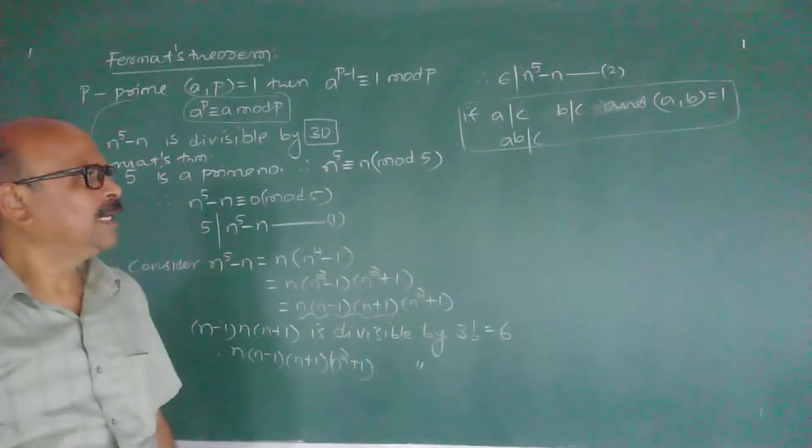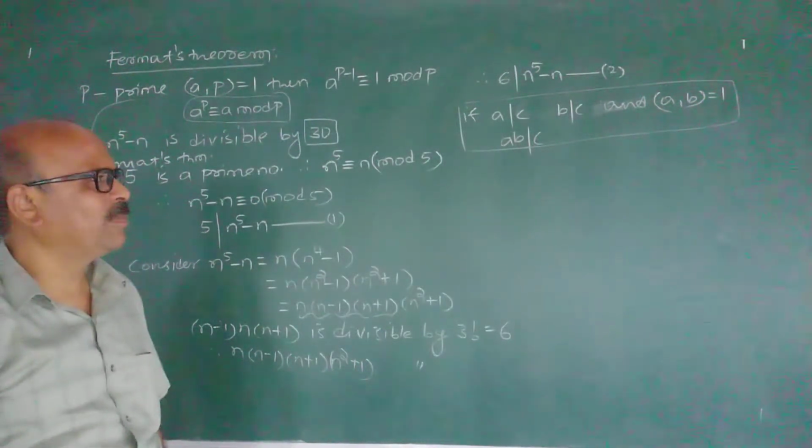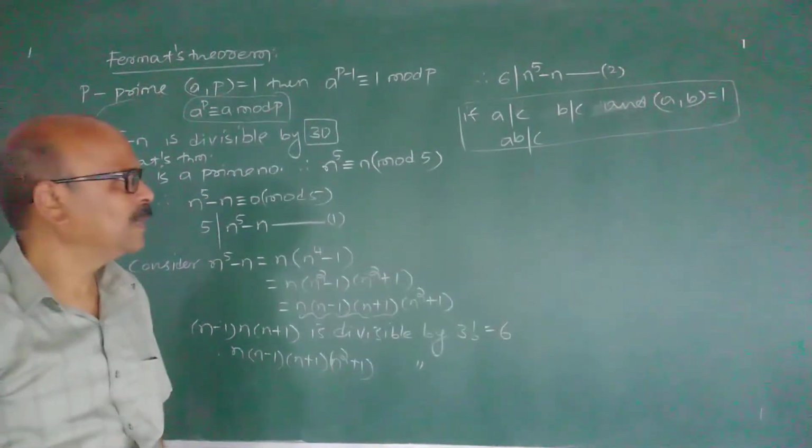Understand the result: A divides C, B divides C, and A and B are relatively prime, then A into B divides C.